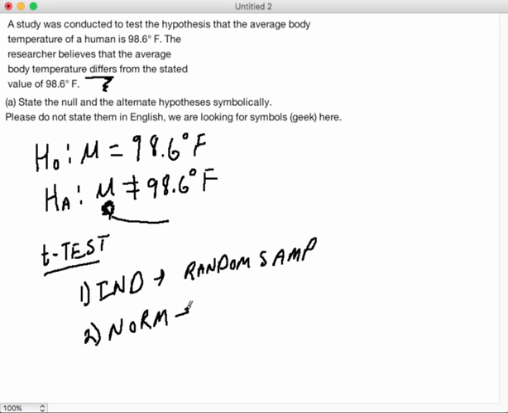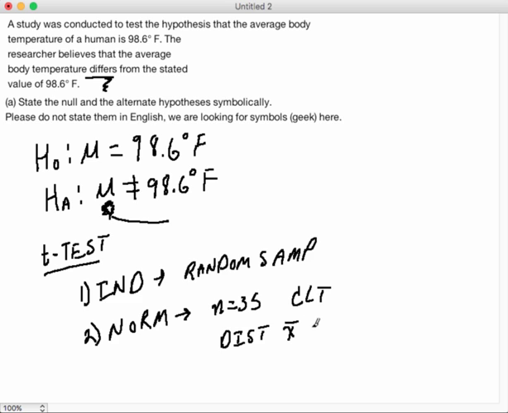Okay, the second assumption that we have to assume is normality, and as we'll see in the next slide here, the sample size n was equal to 35. So since we have a sample size of 35, the central limit theorem is going to kick in, and we know that the distribution of x bar is going to be approximately normal.